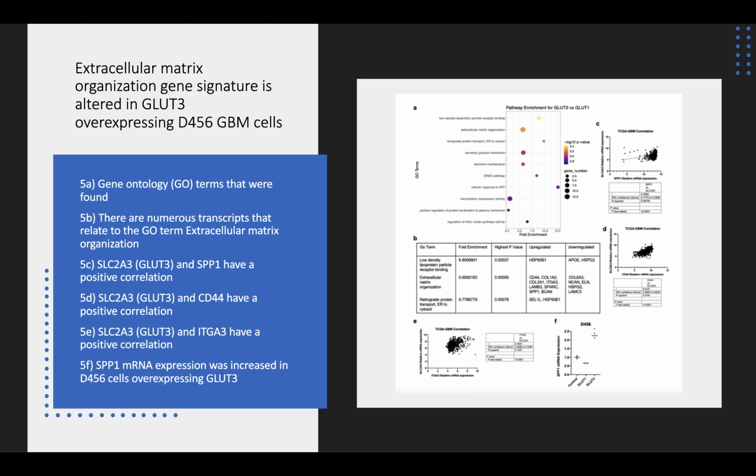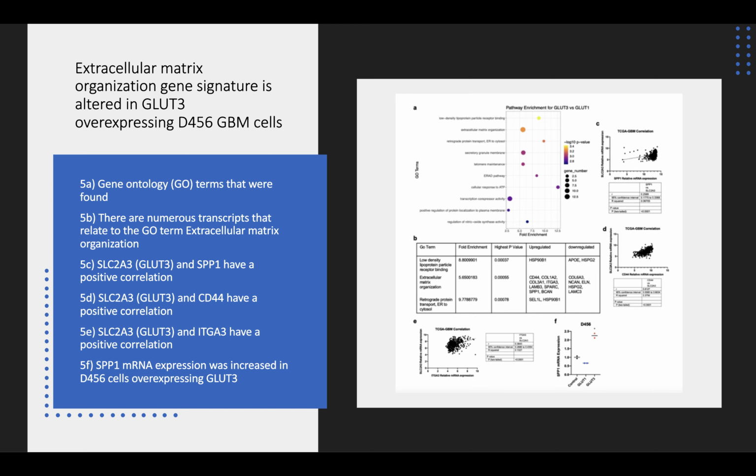So the next title is figure 5, called Extracellular Matrix Organization Gene Signature is Altered in GLUT3 Overexpressing D456 GBM cells.